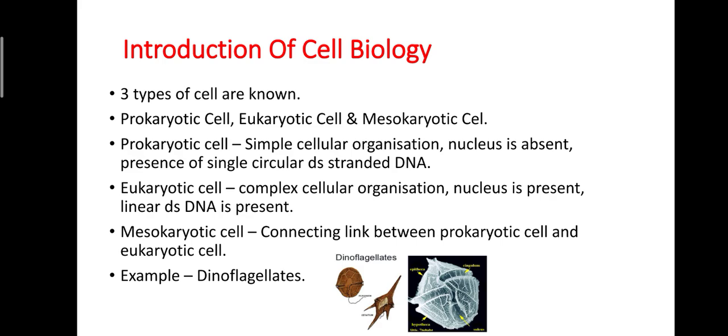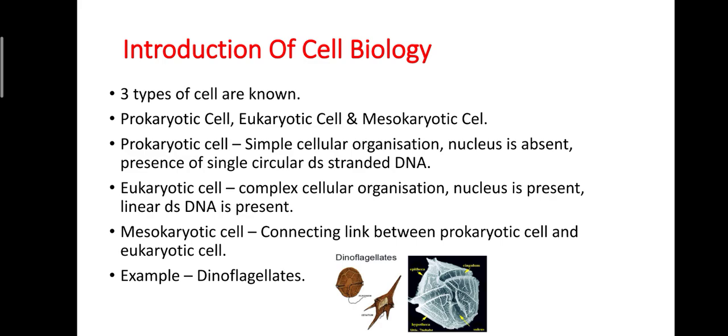In this way, in the introductory part of cell biology, what we understand today is that all living beings are categorized into three types of cell. They are prokaryotic cell, eukaryotic cell, and mesokaryotic cell. As a biologist, we should have a philosophical mind.